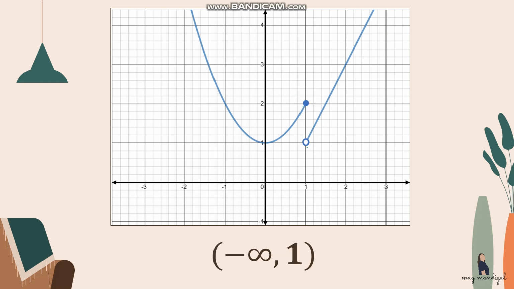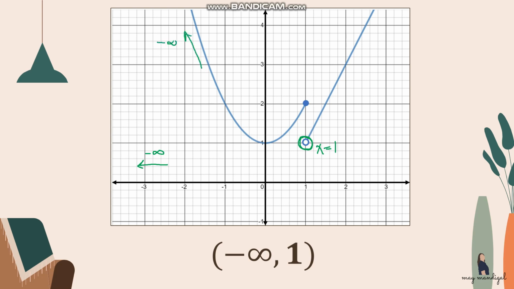And then next, let's say we have from negative infinity going to 1 not included. So 1 here is this one. We'll be using this because again, the boundary is not included. So I'm going to use that point. And then next is going to negative infinity, which is going to the left, on this side. As our value of x goes to negative infinity, our graph goes in this direction.